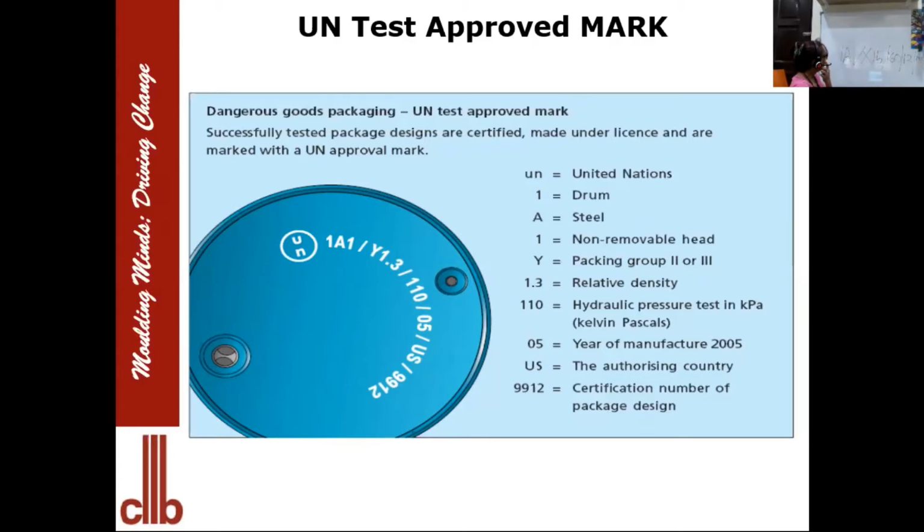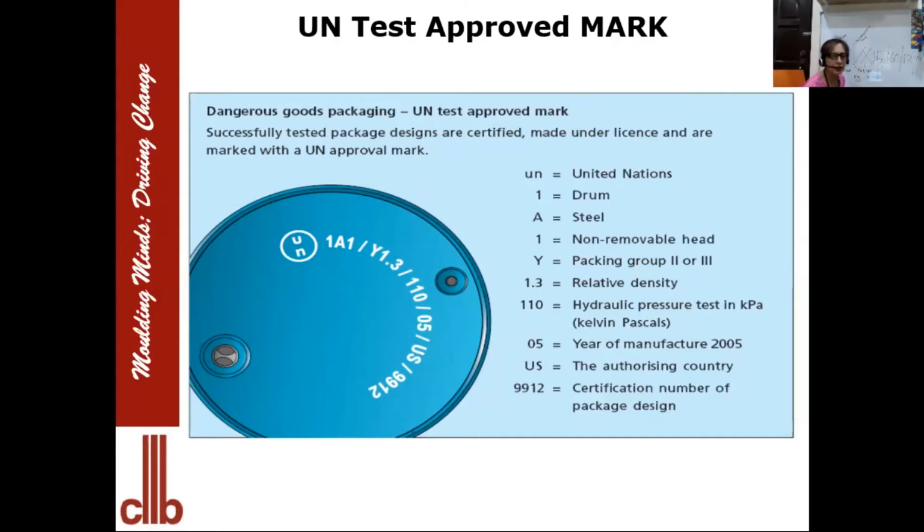Okay, so this now is telling you that this steel drum, that is a non-removable head type, was tested for PG 1, 2, and 3 for substances that have a relative density of 1.5.